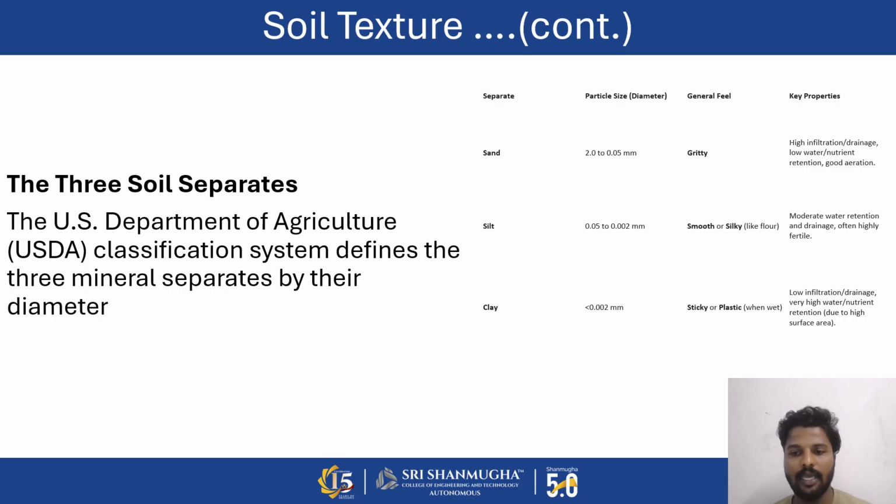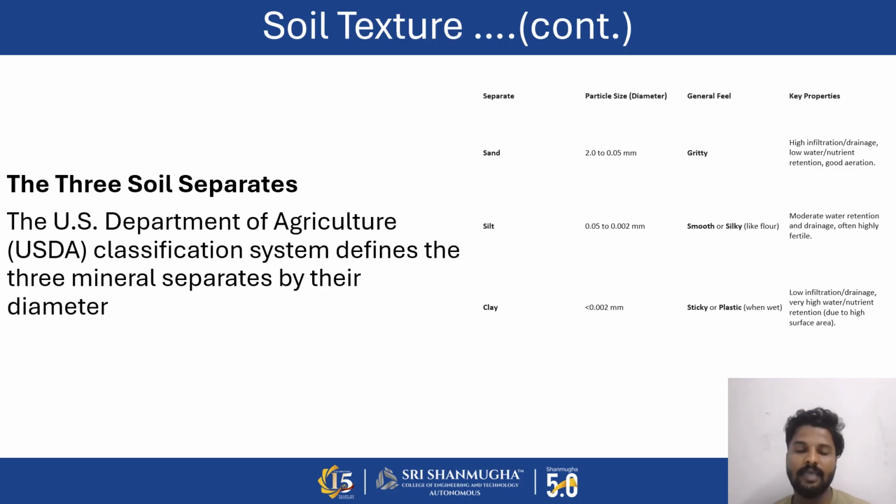You can see in the slide. So this slide details the USDA classification of three mineral separates by their size and key properties. This classification is based on the US Department of Agriculture, shortly called the USDA classification system, that defines the three mineral separates by their diameter.